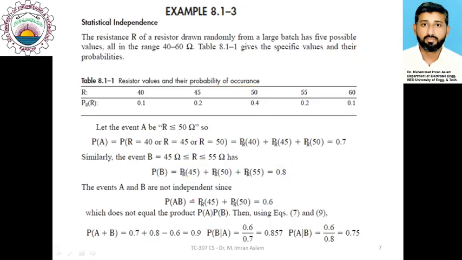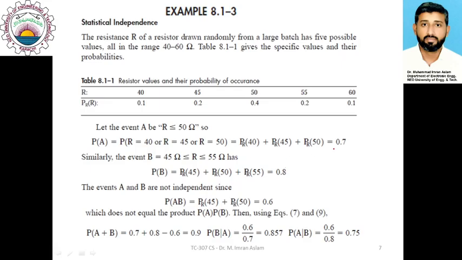Okay, if I ask you to find the probability of intersection of A and B, the intersection occurs at 45 and 50, because this 45 ohm resistance and 50 ohm resistance are both included in the definition of A as well as in the definition of B. So the probability of their intersection comes out to be 0.6 by simply adding the probabilities of 45 and 50.